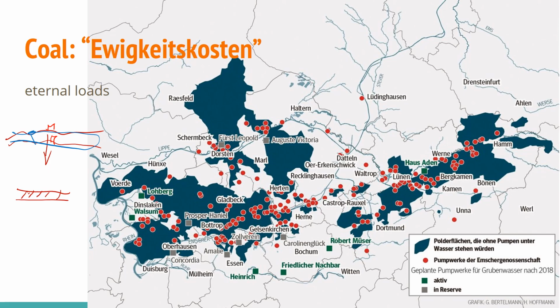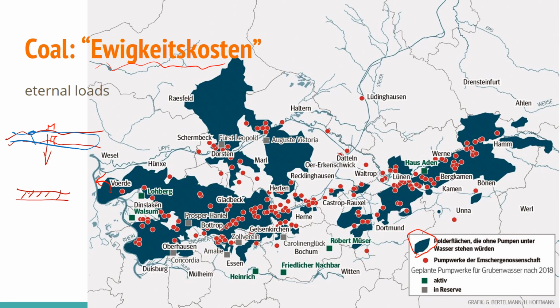So all the area painted here in this blue color are areas where you naturally would have lakes now. But because there are living people, we have to pump the water into the next river. That is a lot of work, and it's the so-called Ewigkeitskosten, cost forever, because you have to pay for the pumping.